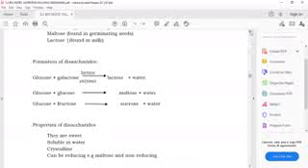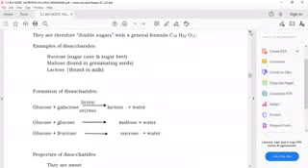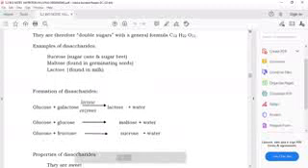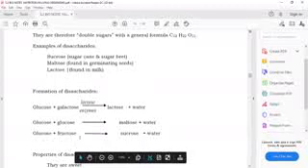Then the third type of disaccharide is lactose, which is the sugar common in milk. All of us take milk. If we enjoy milk, the sugar in milk is lactose. That sugar has glucose and galactose combined together in a condensation reaction.